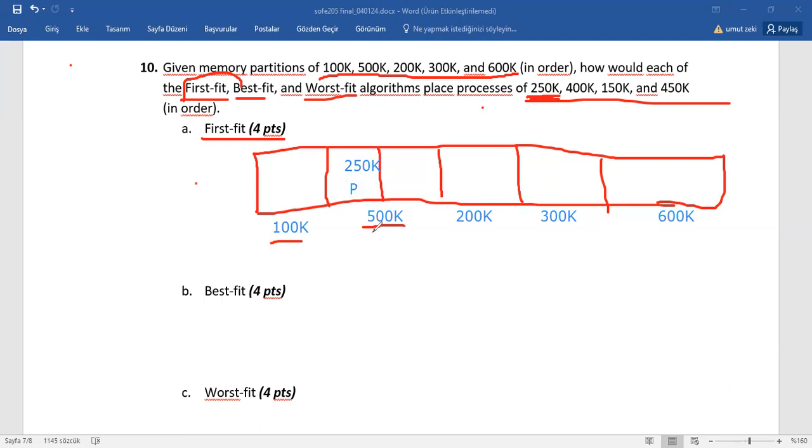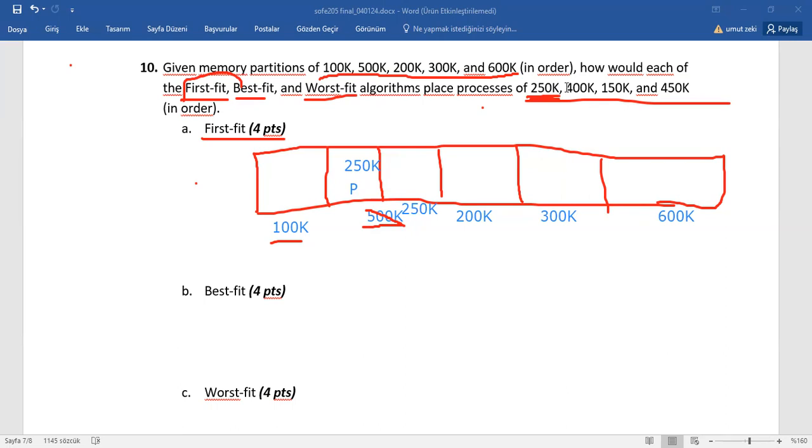My partition's empty part will be 250K, because I put 250K here, and I still have a 250K partition here.